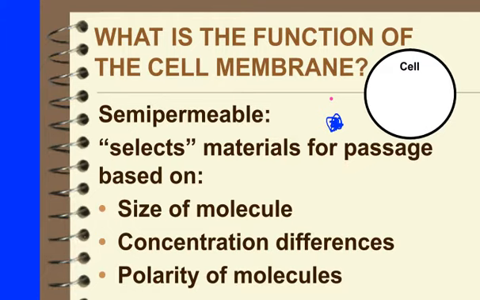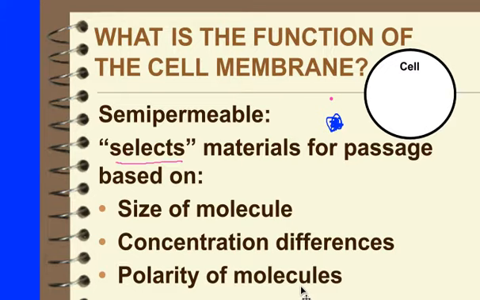That means it's going to be able to select various materials that it wants to go in and out of the cell or pass through the membrane. The different characteristics dealing with going through the membrane are usually going to be about the size of the molecule, the concentration differences inside and outside, and the polarity.